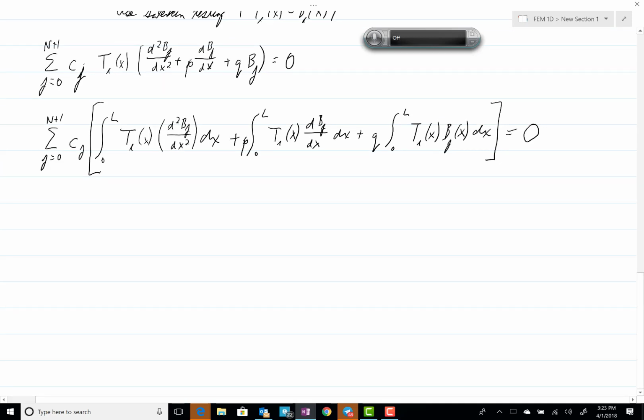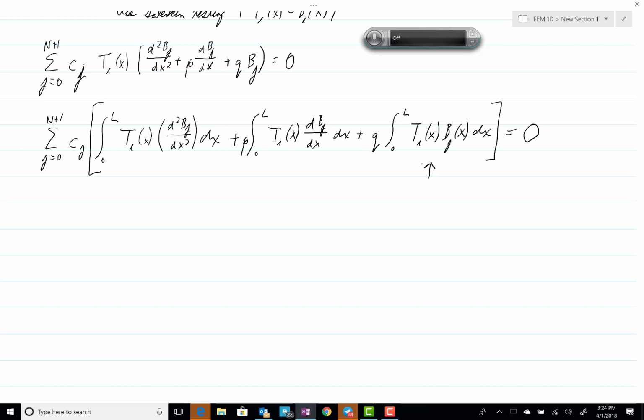Now, when we look at the integrals in the brackets, the last integral here certainly doesn't provide any difficulties because remember T_i is equal to b_i, and so we just have a linear function times a linear function, and that would not be any problem at all to integrate.